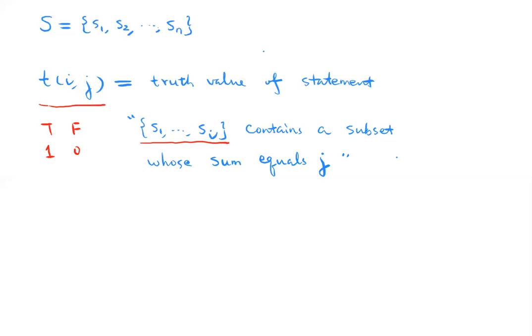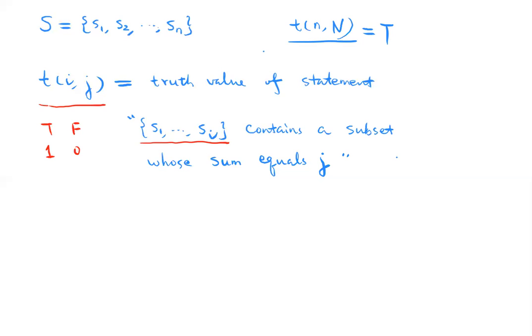So how does this value relate to our solution? We look at the special case T(n, N). This one equals true if and only if there is a solution. Otherwise, it has no solution, right? So that's how it's related.